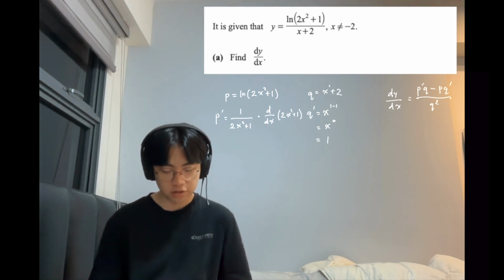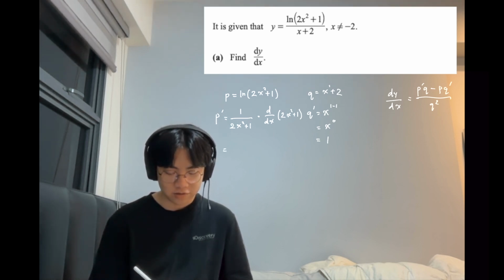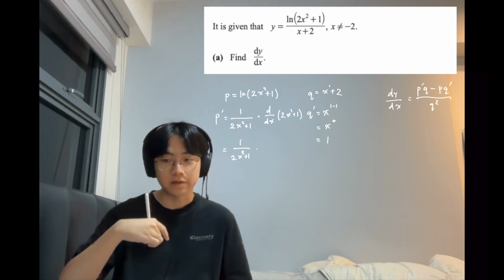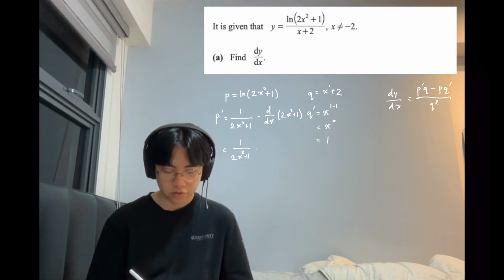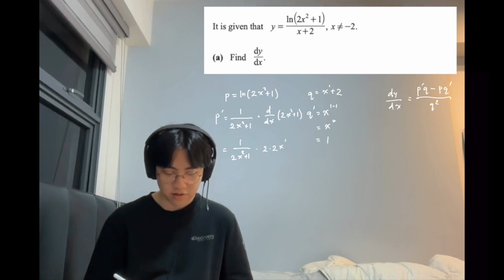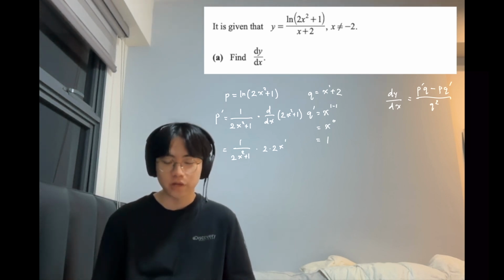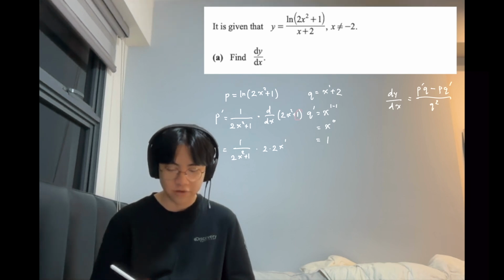It's not the product rule, but your basic power rule. So what does this become? The 2 from the exponent goes down, so you get 2 times 2 times x to the power of 2 minus 1, which is just x. And then plus 0. We don't really care about the 1 here.